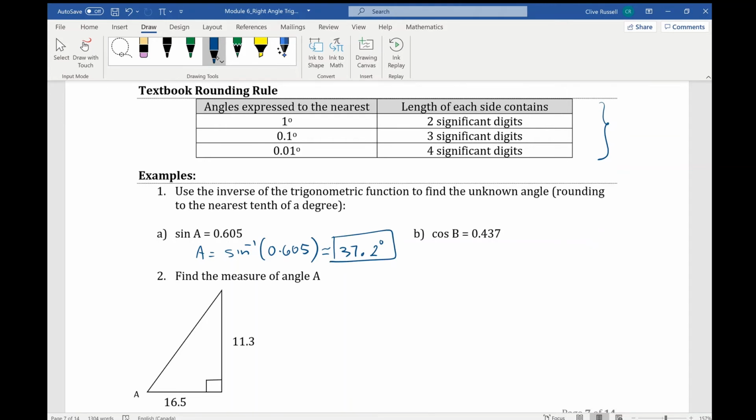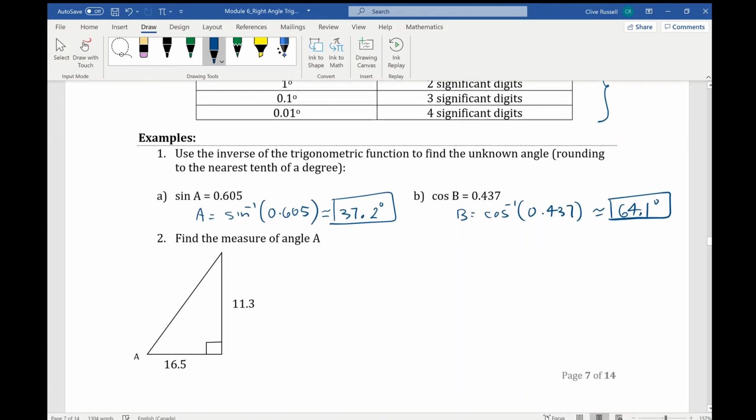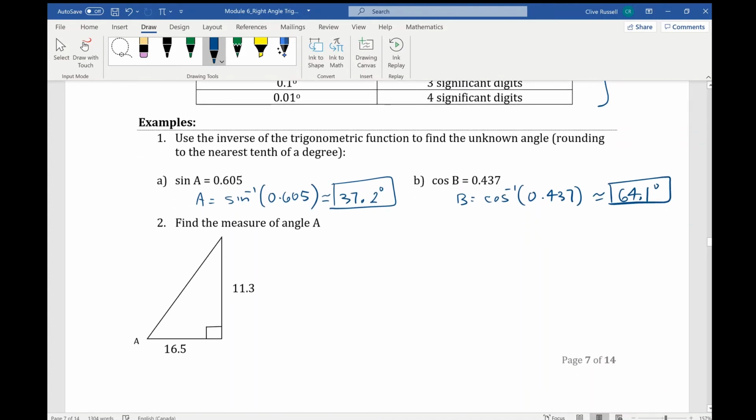Cosine B is 0.437, therefore B is the angle whose cosine is 0.437, and that works out to be 64.1 degrees.